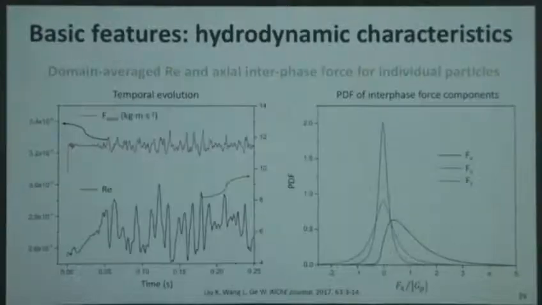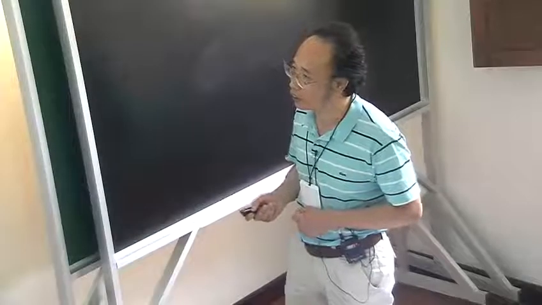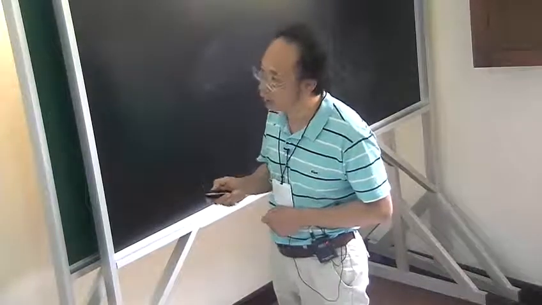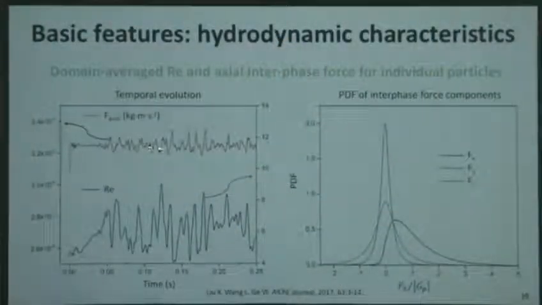Then we go to other properties like the forces. We see that the overall drag is in balance with the gravity very quickly. Although there is fluctuating behavior, the overall average is very stable.